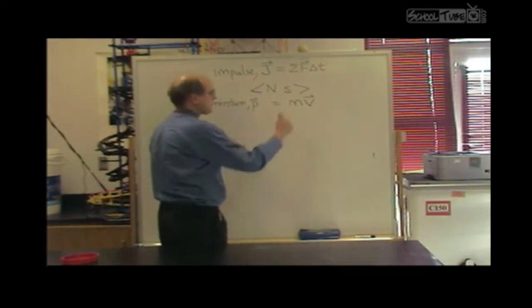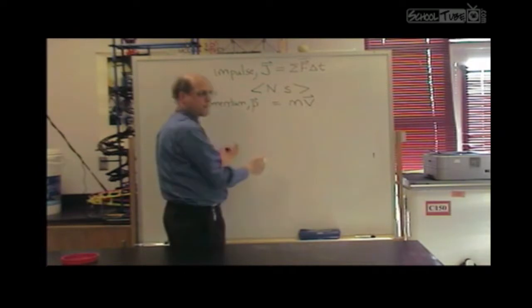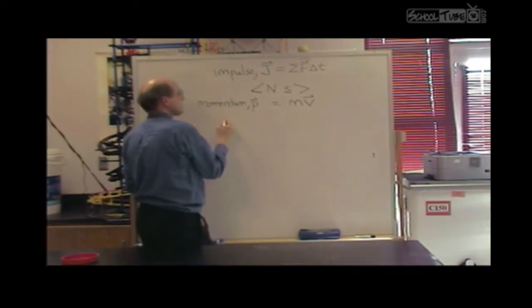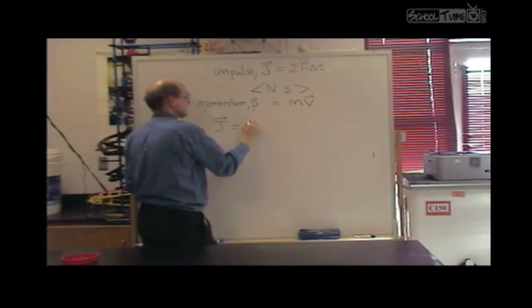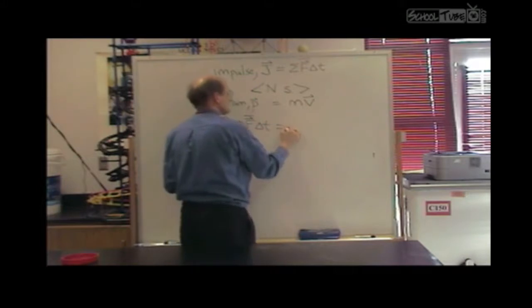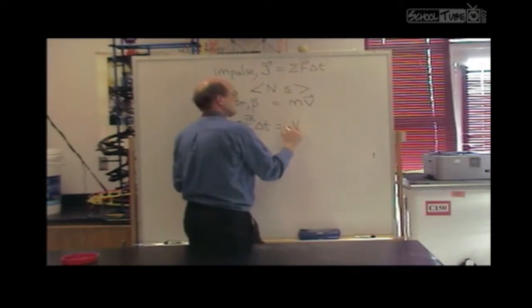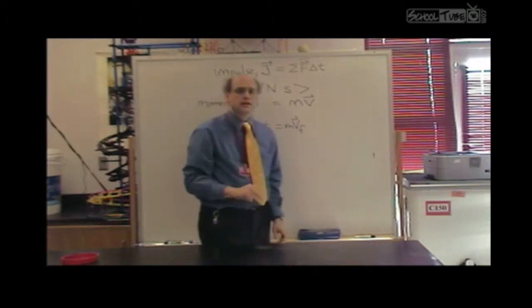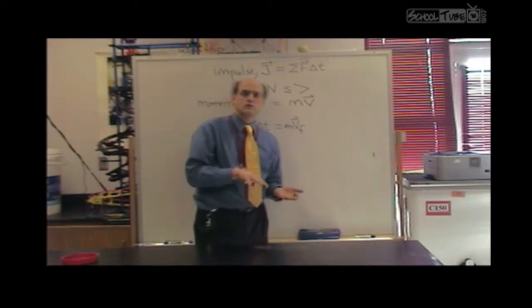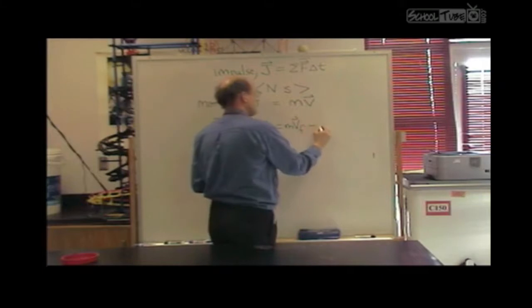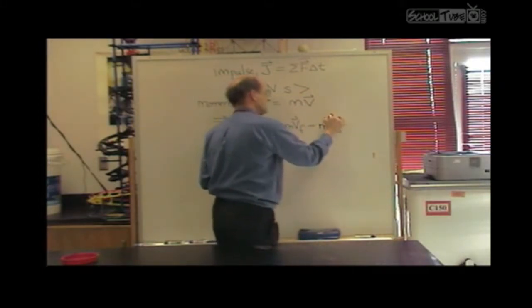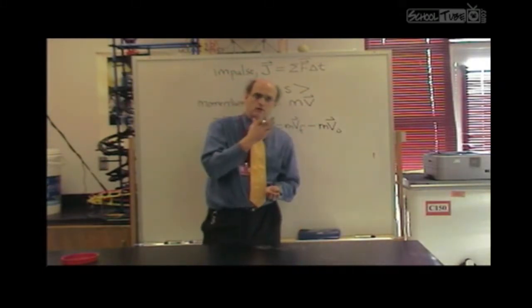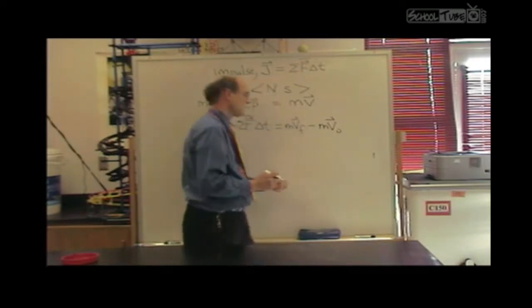Using Newton's second law, we can relate impulse to momentum, and it turns out that the impulse is equal to mvf, the final momentum, which in the case of landing on the floor was 0, minus the original momentum, which would have been my momentum just before I hit the floor.